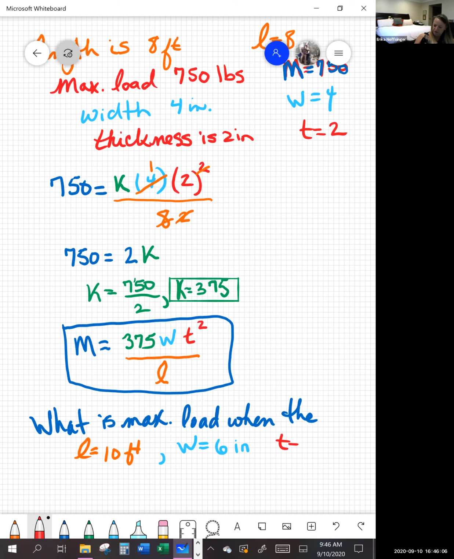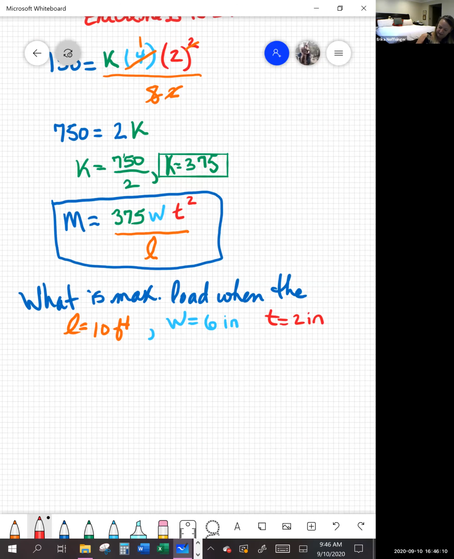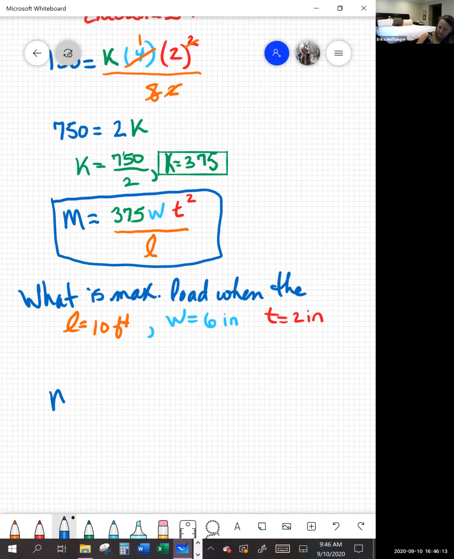Just go in here, plug it in, and then we have our answer. So the maximum load is 375, all times our width, which is 6, all times the thickness, which is 2 squared, all over the length, which is 10.